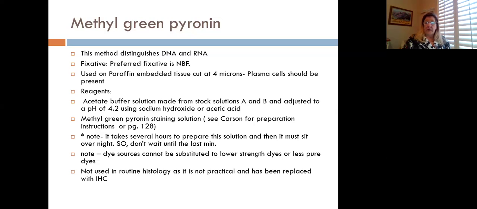Another thing is that when you order the dyes, they cannot be substituted for a lower or less pure dye. They have to be pure, right? And again, this is one of those stains that has been replaced by immunohistochemistry.